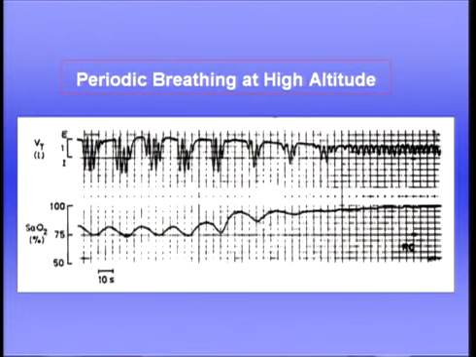Around about this point here, this particular subject was given oxygen to breathe. Saturation increased, as you can see, and the periodic breathing largely went away. And it's known that periodic breathing is very greatly reduced, or perhaps abolished, by breathing 100% oxygen. So let me now just briefly summarize some of the points we've made on the control of ventilation.